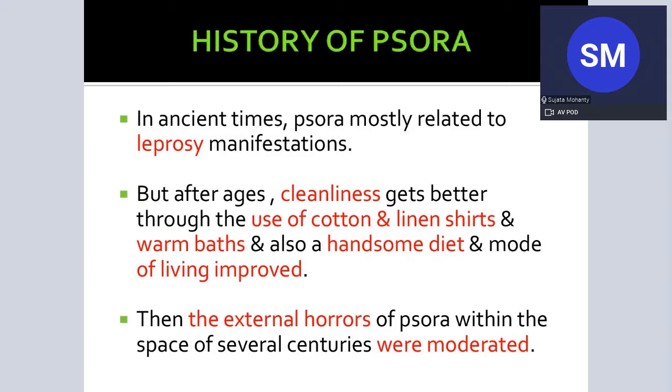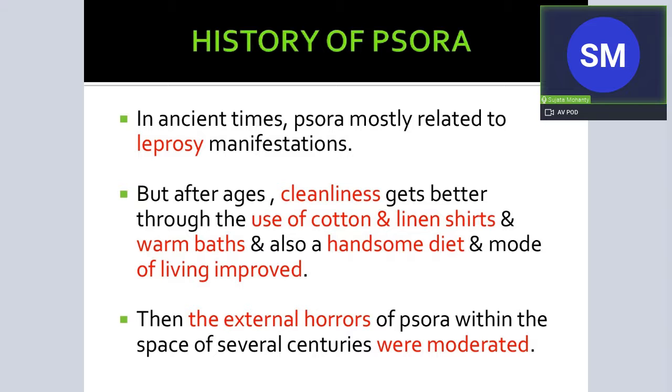In ancient times, Psora was mostly related to leprosy manifestations. But after ages, cleanliness got better, there was use of cotton and nylon shirts and warm baths, and a well nutritious diet and mode of living improved.